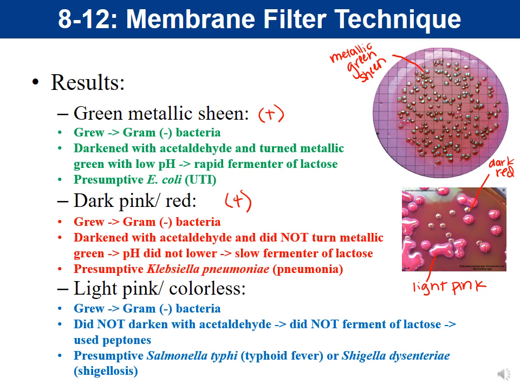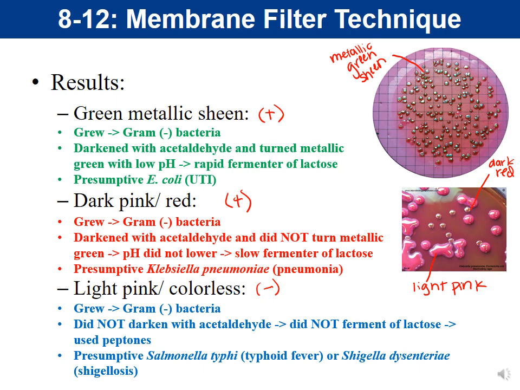So basically, if we're looking at light pink colonies, they grew, so they're gram-negative. They did not darken with aldehyde. They did not ferment lactose. Is that positive or negative for coliforms? Would we call that bacteria coliforms? The answer is, it's considered negative, because it did not ferment the lactose.